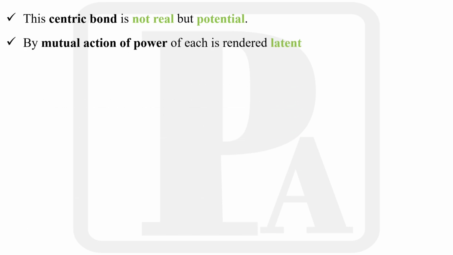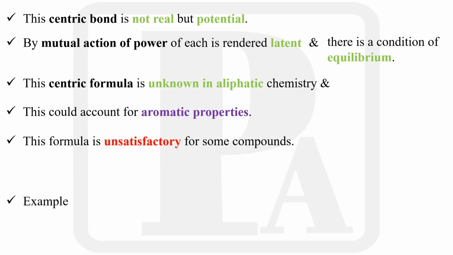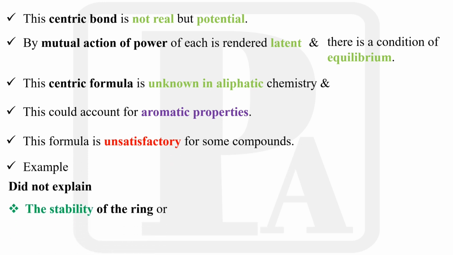This is not real, but this is potential. This centric formula is not in aliphatic chemistry. That's why this is responsible for the aromatic properties of benzene. And this formula is unsatisfactory for some compounds, like it is not explaining the stability of the ring and also the behavior of the polynuclear hydrocarbons.